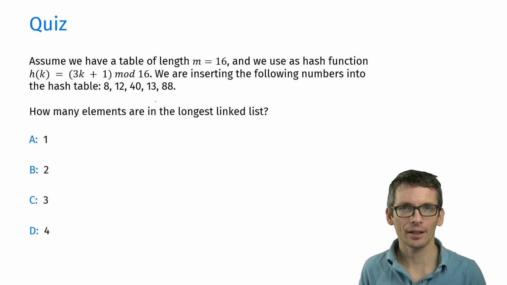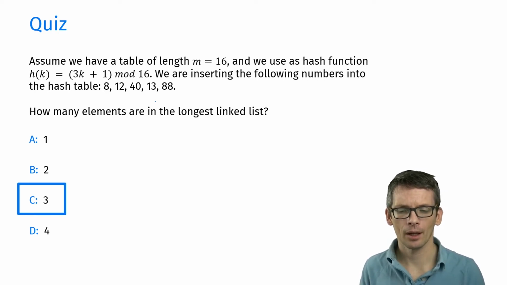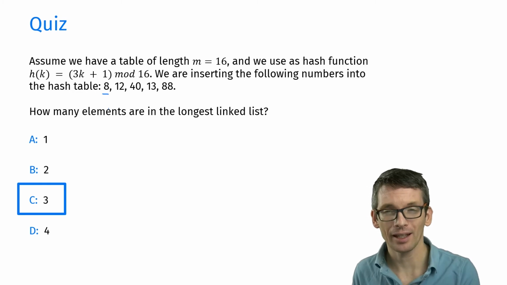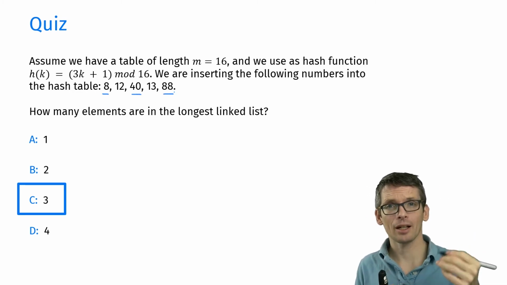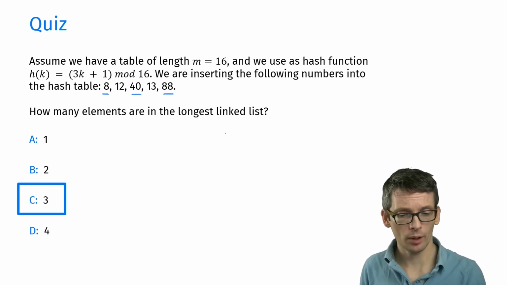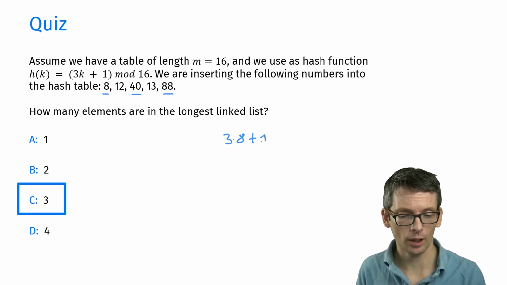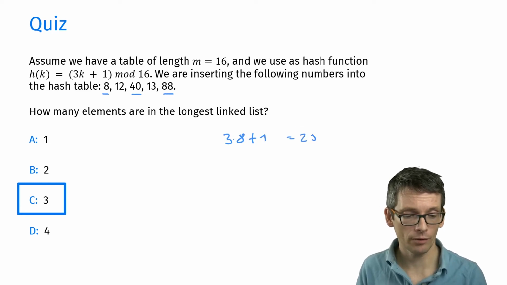The correct answer is 3, C. That is 8, 40, and 88. All of those go into cell number 9. Let me just demonstrate that for, let's say, 8 and 40. So 3 times 8 plus 1, that's 24 plus 1, that is 25.